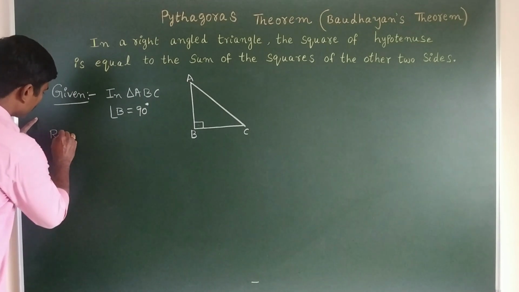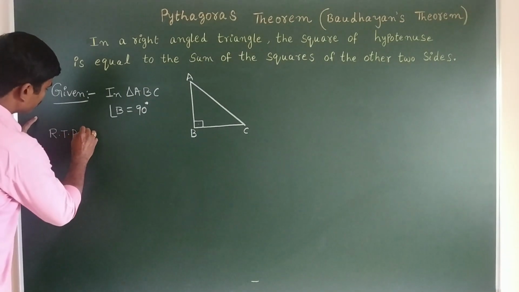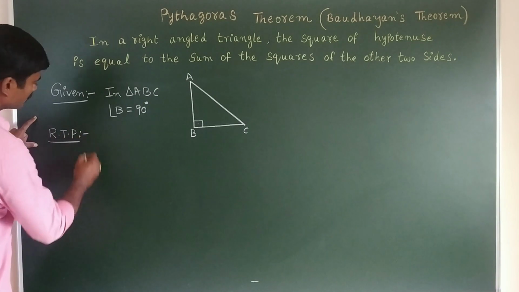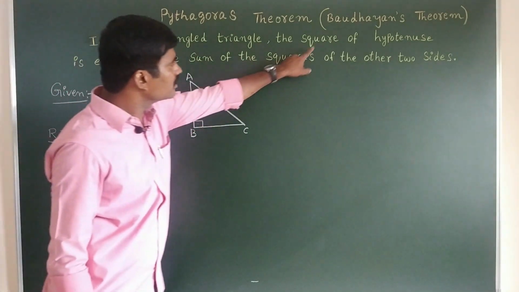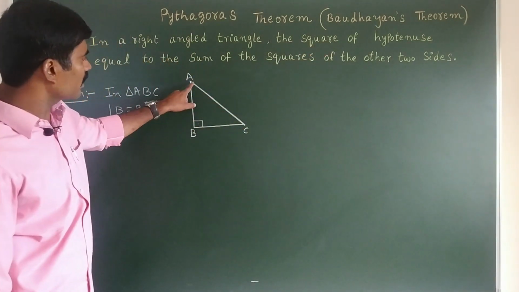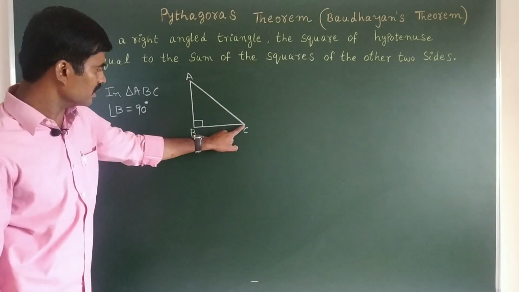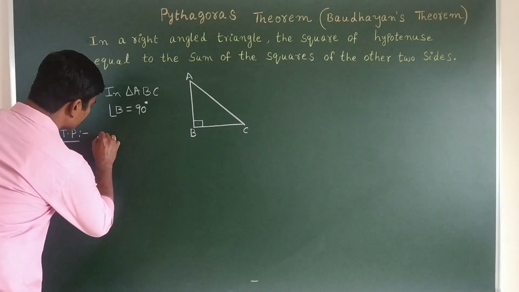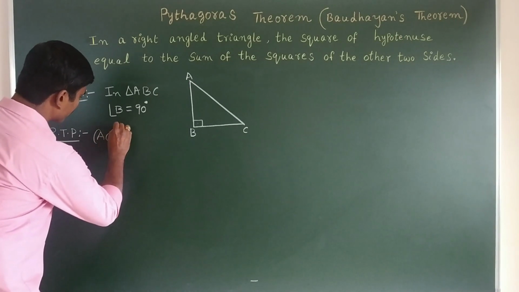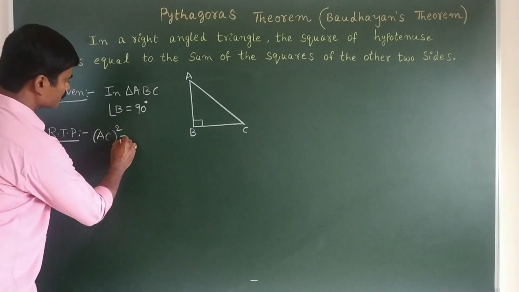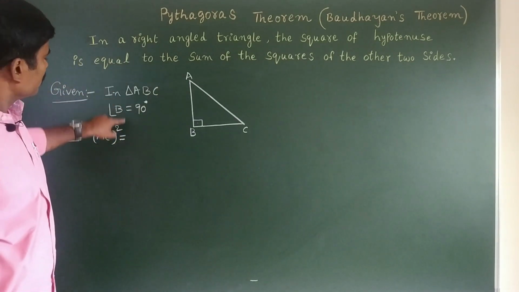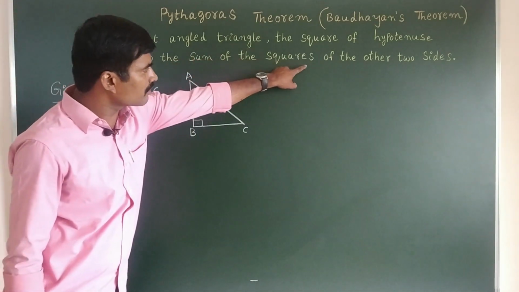RTP, required to prove. What do we have to prove? The square of the hypotenuse. What is the hypotenuse of this triangle? AC. So the square of the hypotenuse means AC whole square equals the sum of the squares of the other two sides.